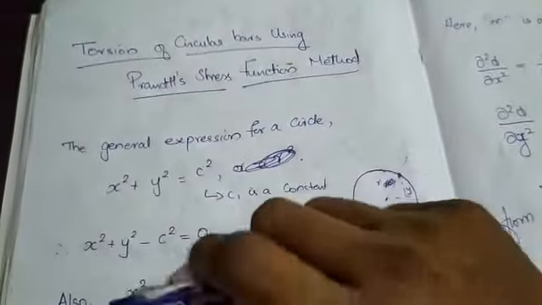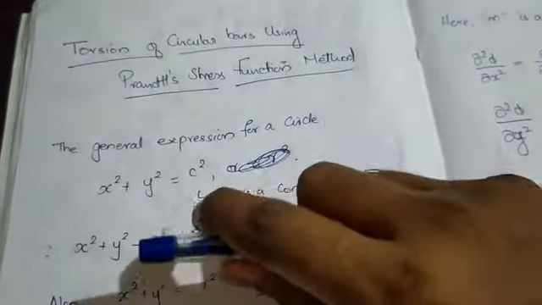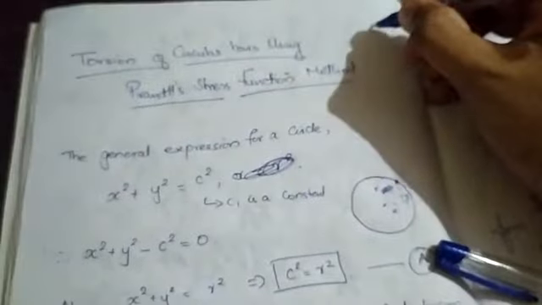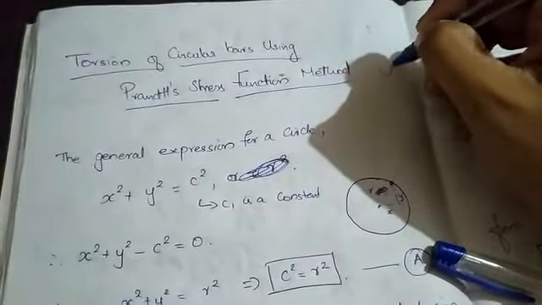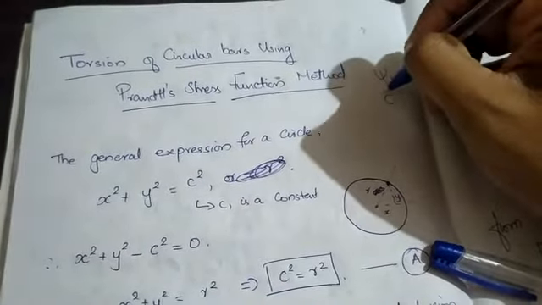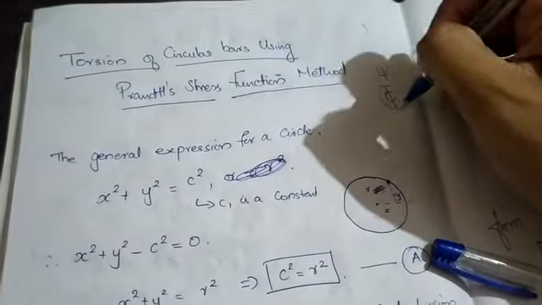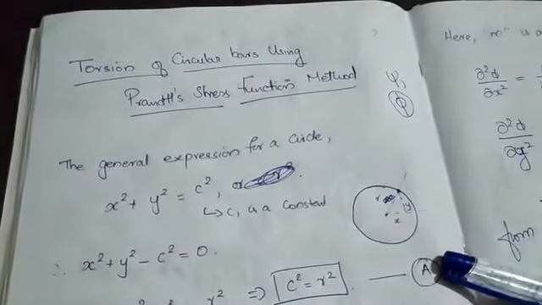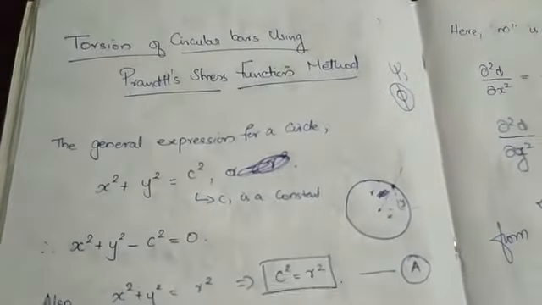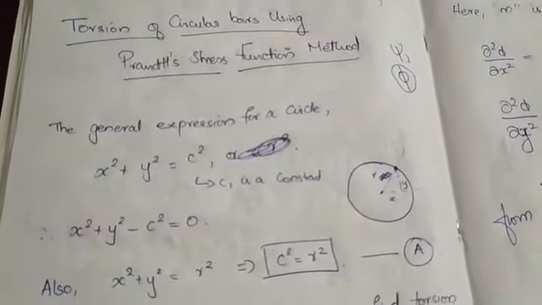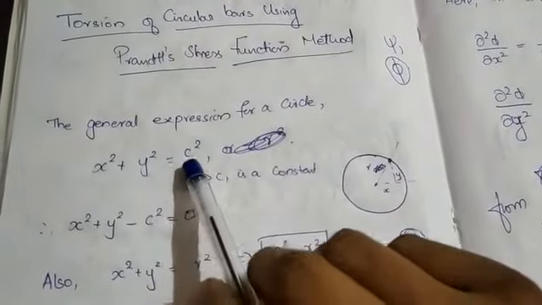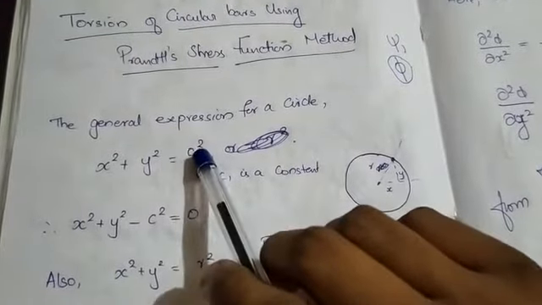I already told that we had a constant psi in case of Saint-Venant's method, whereas here we have the Prandtl stress function as phi. Okay, so we'll see how we are going to do this. We know that the general expression for a circle is x square plus y square is equal to c square, where c is a constant.